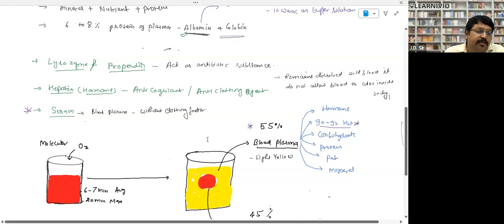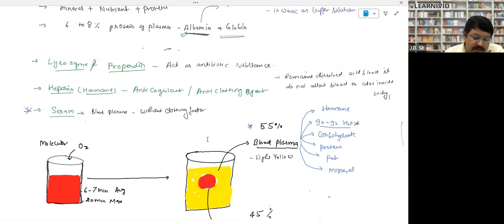Now, what is serum? Even this question has been repeated multiple times, right? So, what is serum? Take the blood plasma and remove this heparin or anti-clotting agent, right? This is called serum.